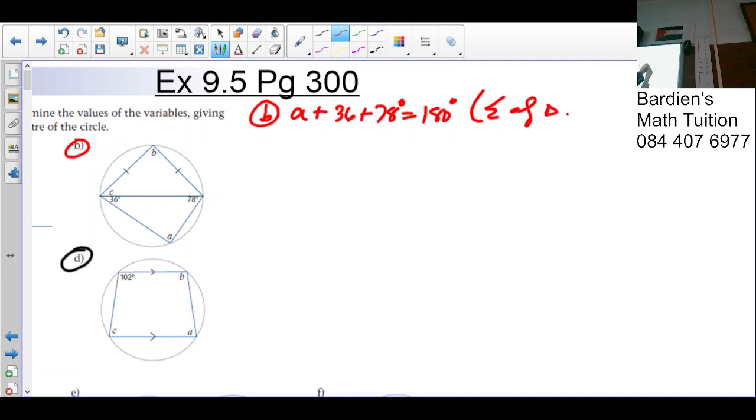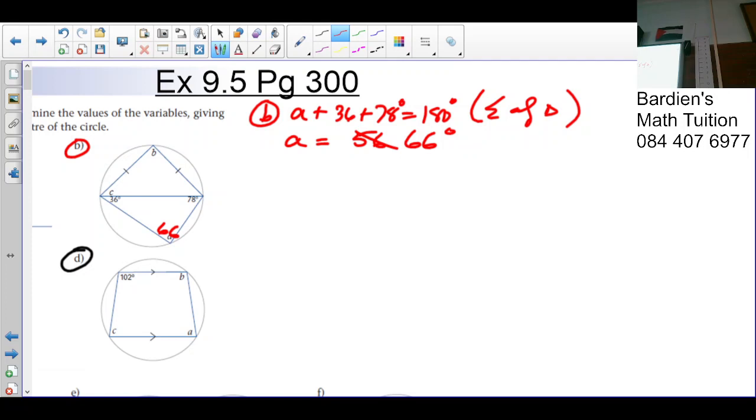No naming of the vertices was given, so we don't have to say which triangle it is. So A is equal to 180 minus 36 minus 78. It's going to give you 66. Okay. You all okay with that?